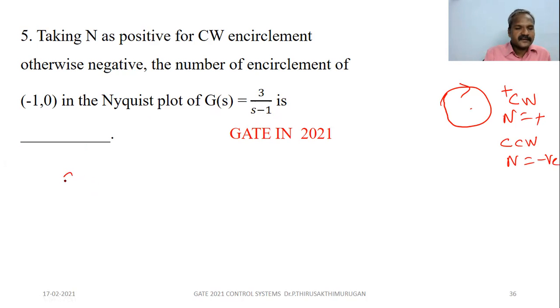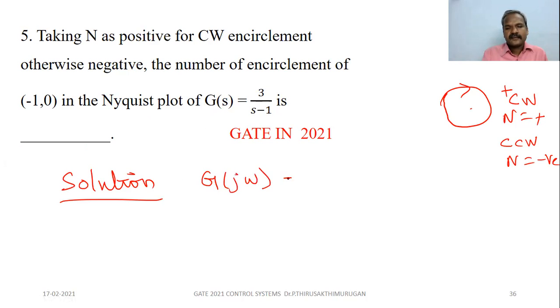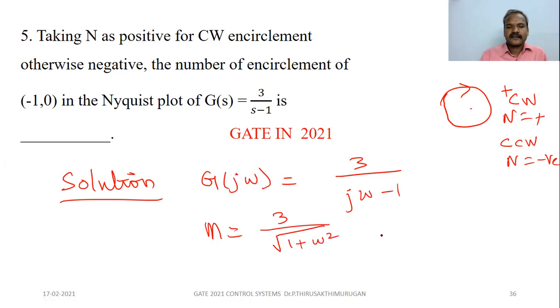Solution. What is the typical Nyquist plot for this? First we find G(j omega), which equals 3 divided by j omega minus 1. The magnitude is 3 divided by the square root of 1 plus omega squared. What is the phase angle?